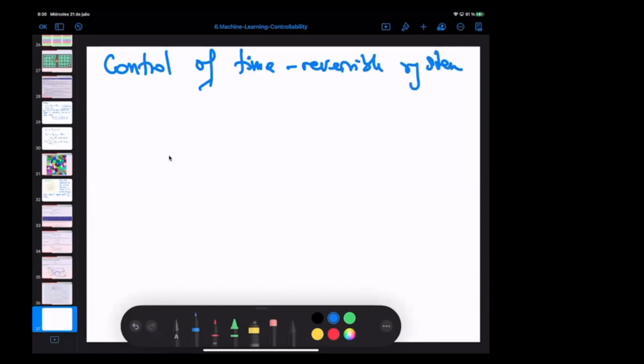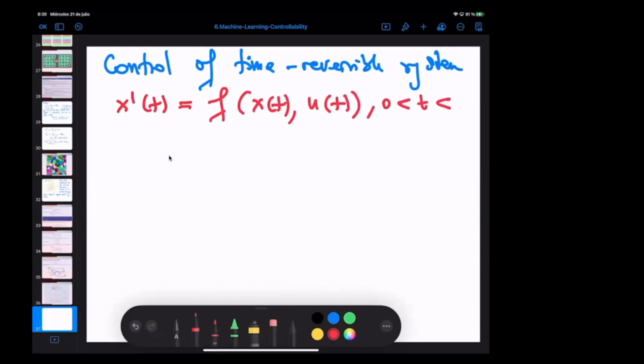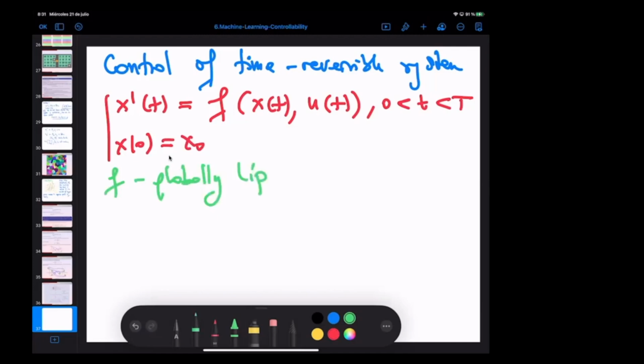In particular, an ODE like this, with, say, F globally Lipschitz, is always time reversible.